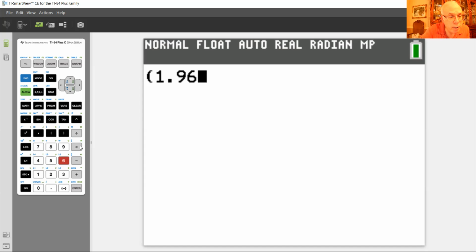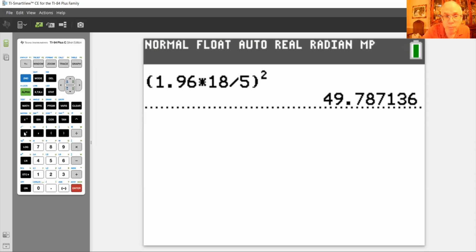Multiply that by 18. Then I'm going to divide by the margin of error that I would like, which is 5. Close parentheses, and then hit the x squared button, which will square that whole thing. Hit enter. Here's my 49.787, and then just round up to the next whole number. My minimum sample size that's required here is 50.